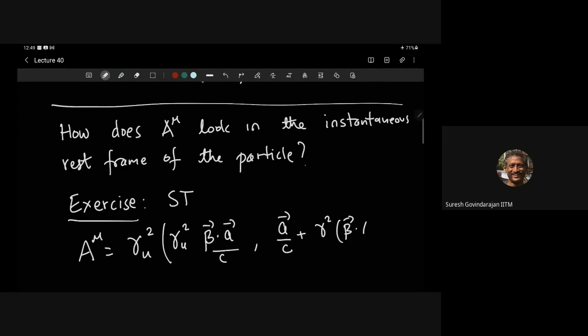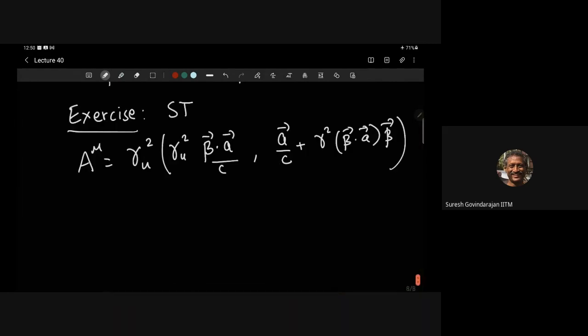Sorry, I don't have time to come and do this calculation, but it's very straightforward. Okay, so this is the thing. And A here will be the usual thing, d square x by dt square, the usual acceleration.